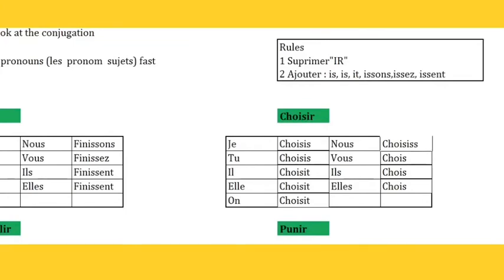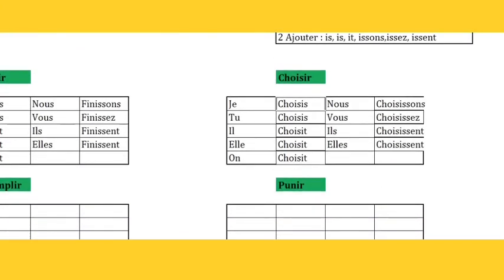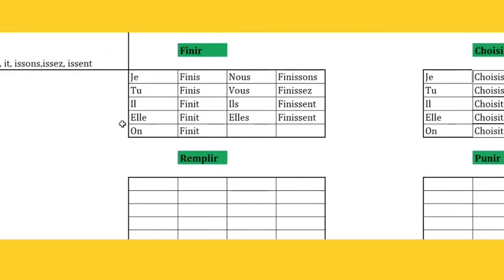What we are adding is I double S O N S, choisissons, choisissez, and choisissent. Did you understand? If not, let's conjugate one or two more verbs.